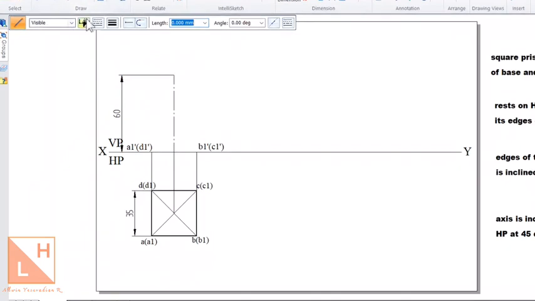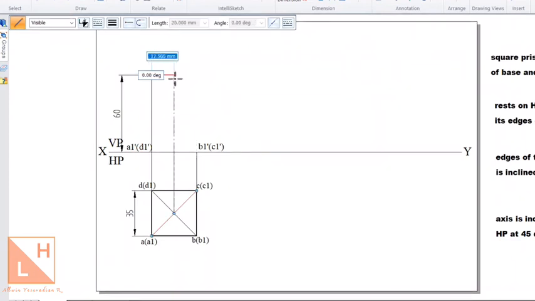In the same manner, the top face has to be generated here. For that, we'll continue with the projection line from the top view, that is from point A till here. Point A is found at a height of 60 millimeters from the XY line, which we have already marked here. So you can draw a projection line from here for a height of 60 millimeters.